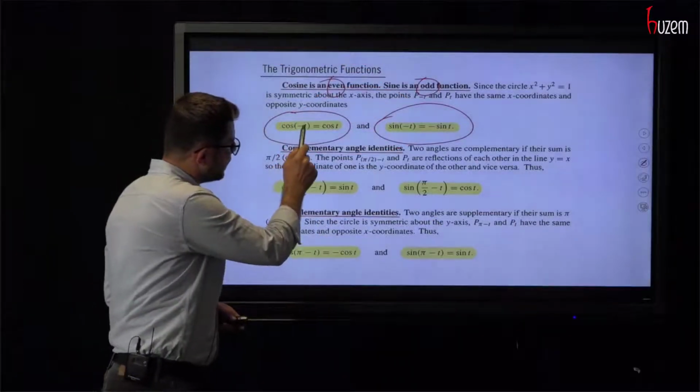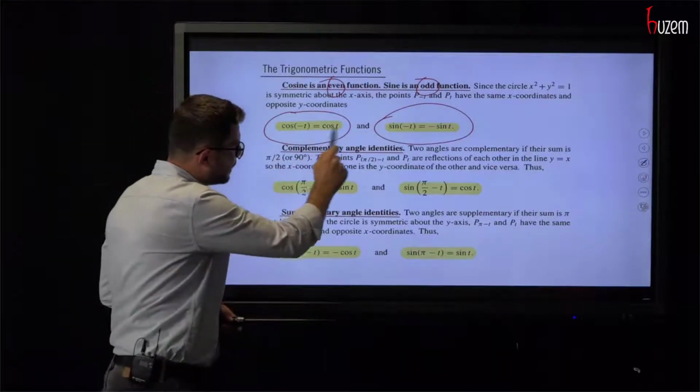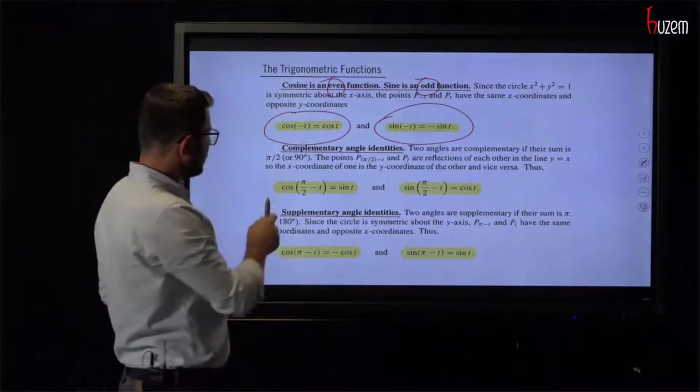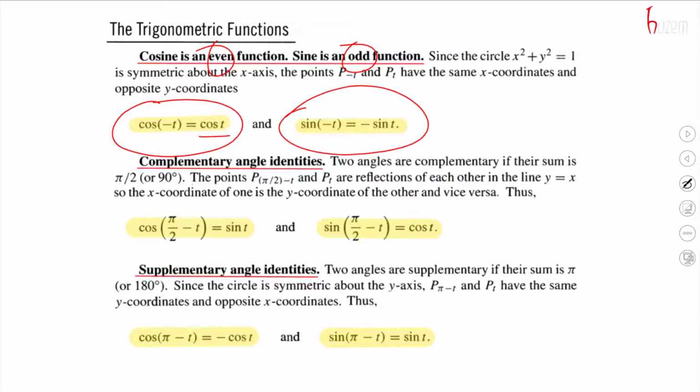Whenever we put negative t instead of t as the input, and we end up with the same form of the function, it is even. So cosine of negative t is equal to cosine t. For odd functions, we have the opposite. That means sine of negative t is equal to negative sine t. So sine is an odd function and cosine is an even function.